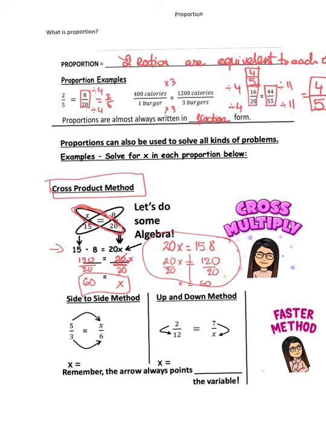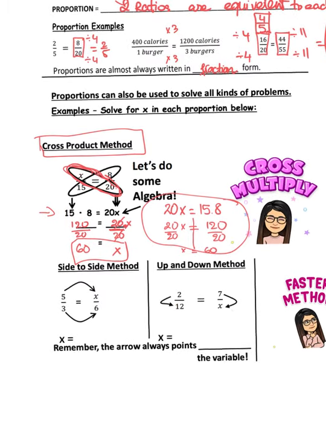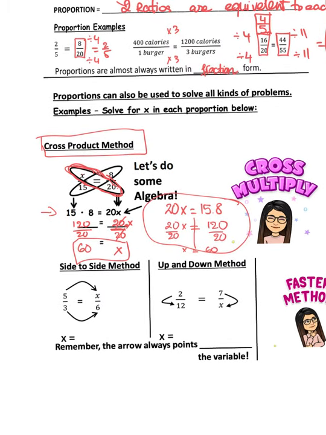So we just finished learning how to cross multiply, and we also have 2 different methods that, if you think you can do it and you understand the relationship, you can use. The side-to-side method: for example, I have 5 over 3 equivalent to x over 6. You know that 3 goes into 6 2 times, right?